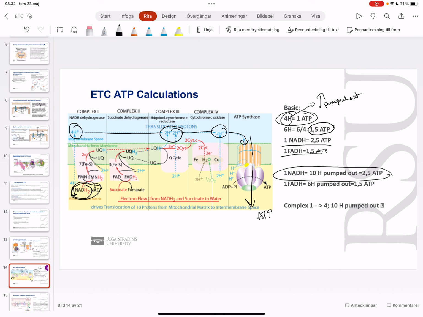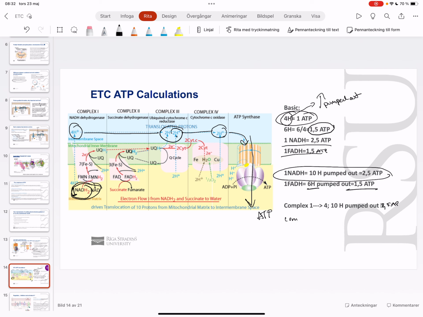But if we start the electron transport chain from complex number 2, that means that we will pump out 2 plus 2 plus 2 hydrogens, that equals 6 hydrogens, that equals 1.5 ATP. So from complex 1 to 4, 10 hydrogens are pumped out, and that equals 2.5 ATP.